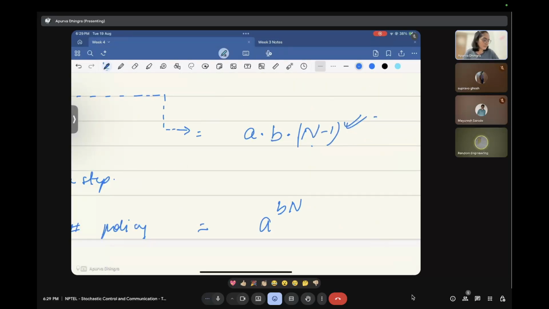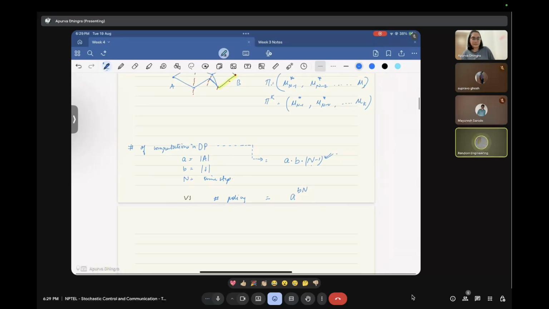Sometimes the initial state is given, so n minus 2 is also possible. That's not a significant enough change. The point is we're going from something exponential to something that is linear in a, b and n, all three of them. So the compute has reduced significantly.